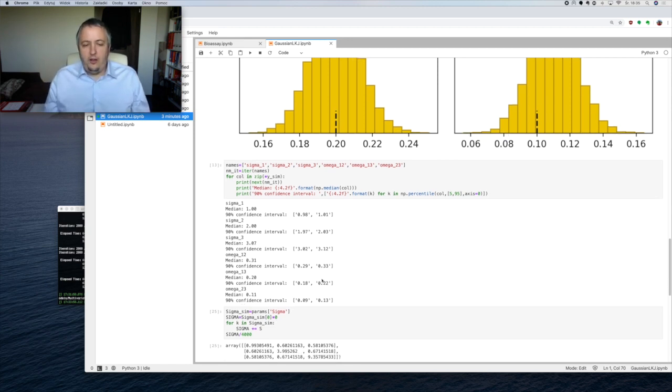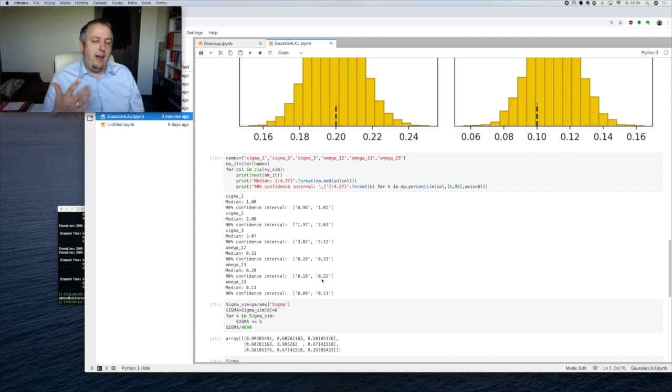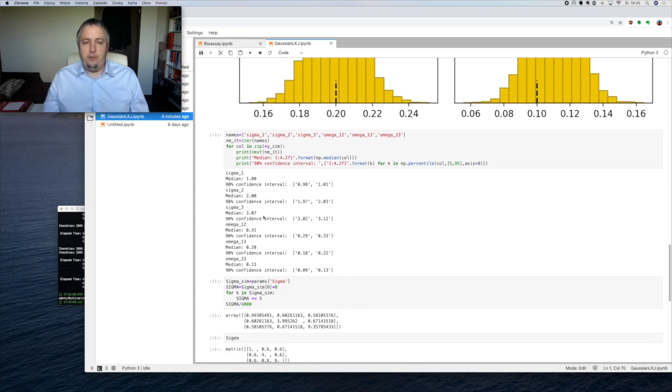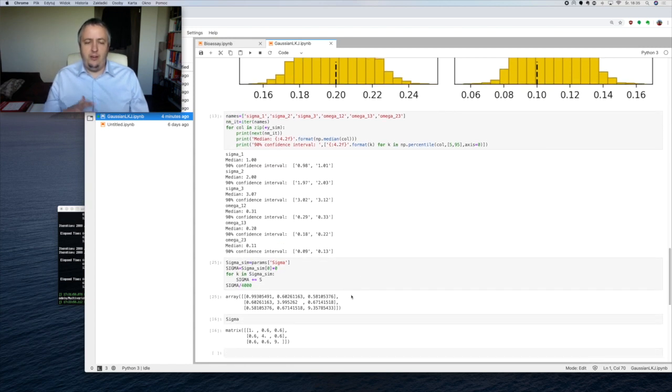So it would be nice to check how the actual covariance matrix behaves, because that is where those parameters are being moved to. We can observe the mean of that covariance matrix by getting the values here, and you can see they are rather close.